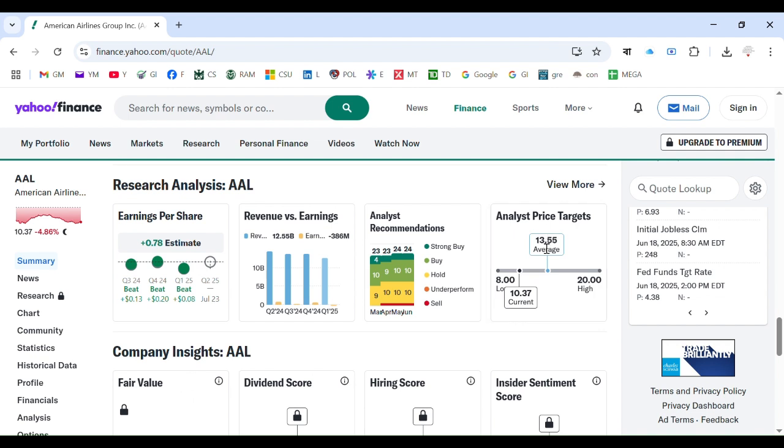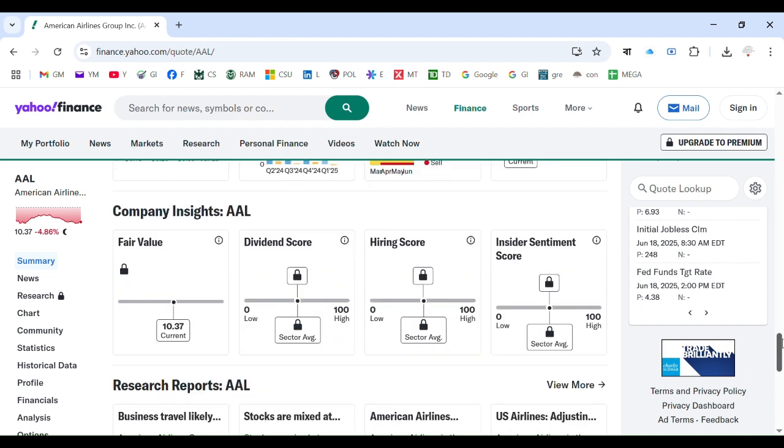The average analyst expectation is $13.55, which is about $3 higher than the current price. The analysts are expecting the price to be $13.55, while it is only $10.37 now. So there is a possibility of a price hike according to analysts' expectations.